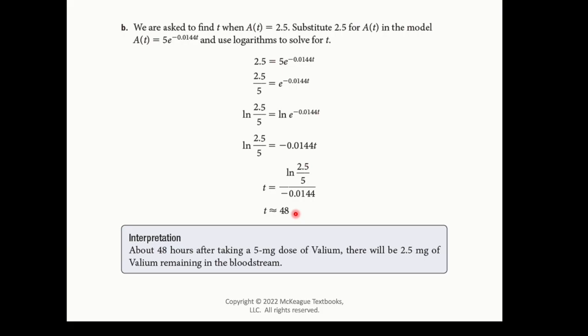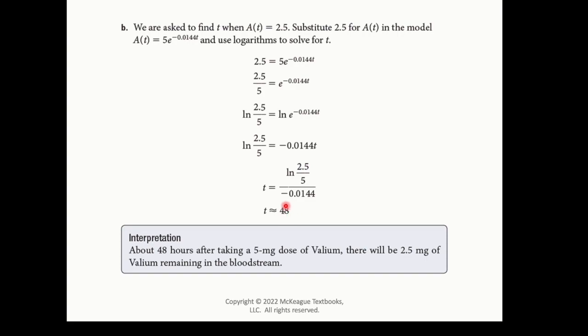Now here's what I want to point out. We're trying to go from an initial value of 5 down to 2.5. This is half the amount. So this time right here is actually what's called the half-life. How long does it take for the initial value to be cut in half?